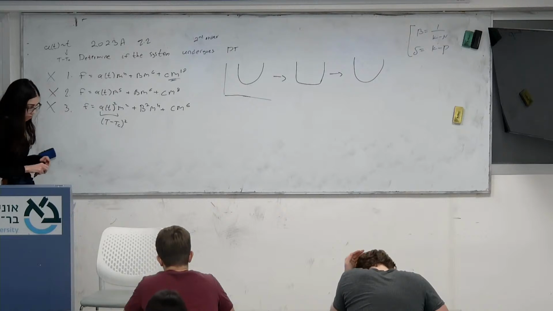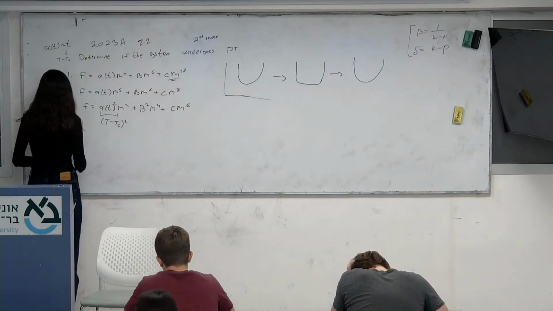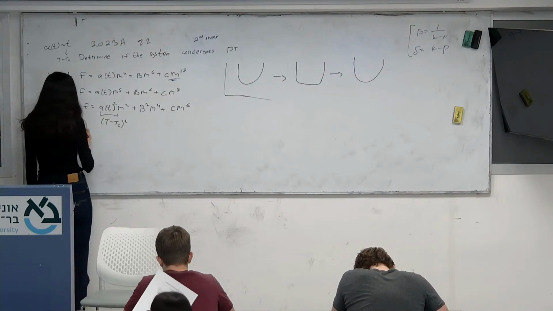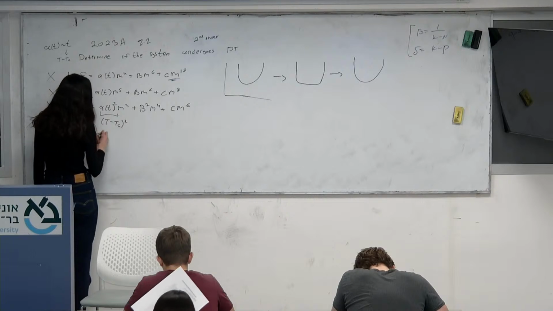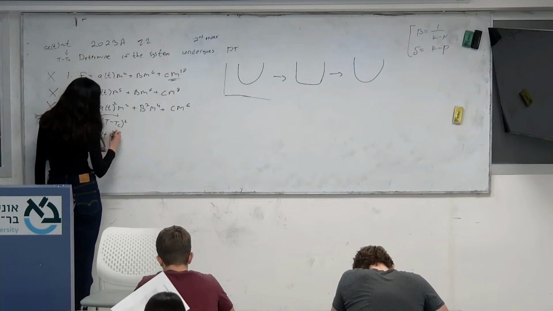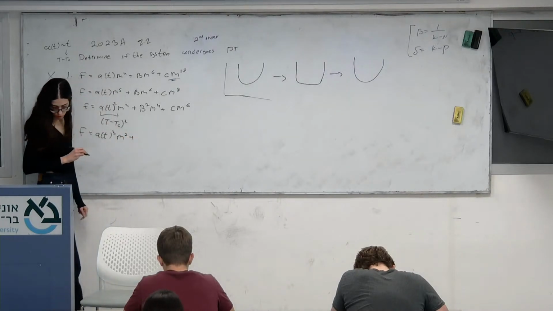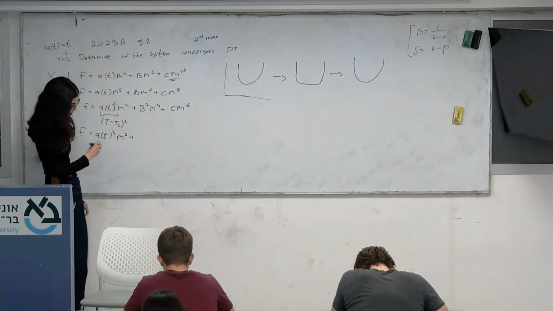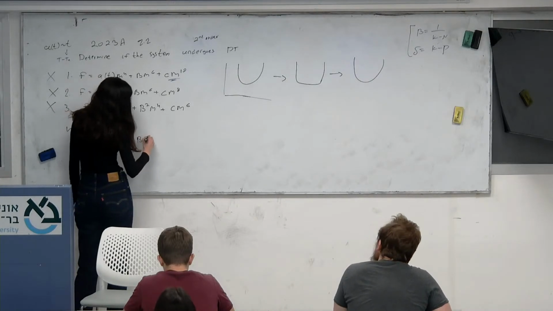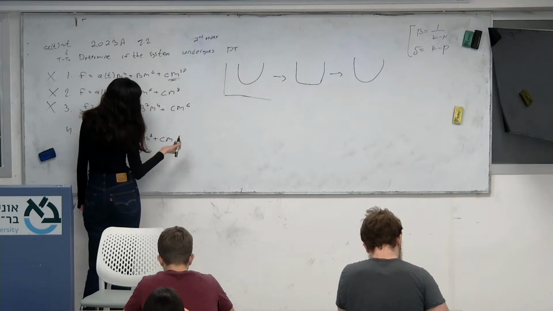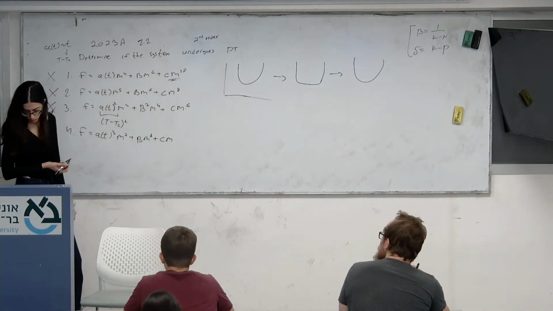And the last one. Now we have f equal a of t cubed m squared plus b m to the power 8 plus c m to the power 10.